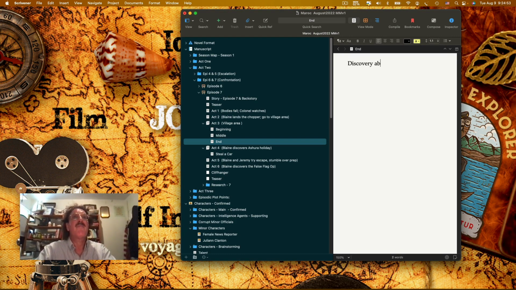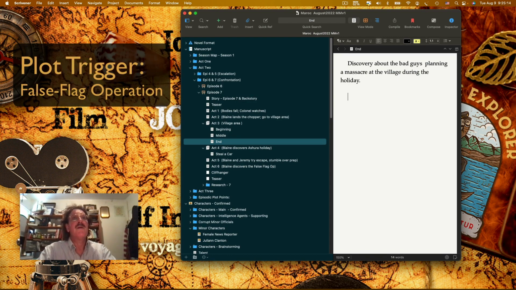I also know at the end they're going to make this discovery about the bad guys, easy enough to call them that, planning a massacre at the village during the holiday. It's a holiday in Morocco called Ashura, and these bad guys are trying to invoke a red flag operation.